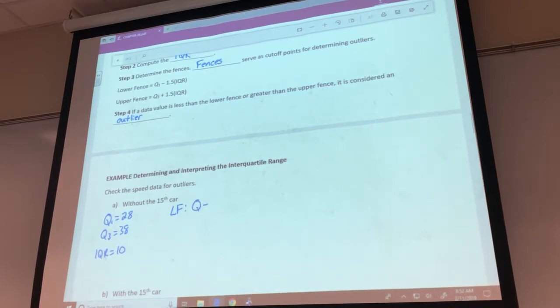Just rewrite the formula: Q1 minus 1.5 times IQR. And just be careful because this one's a minus, the other one's a plus. So just be sure you don't copy too fast and miss something. Make sure you're double checking what you're putting in here. So 1.5 times 10 is 15, so this is going to be 13.